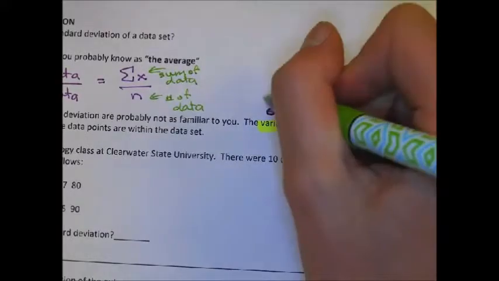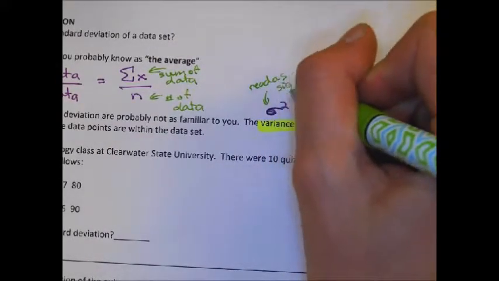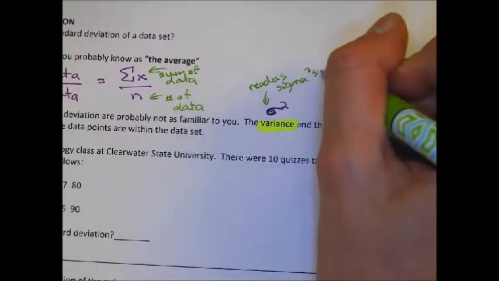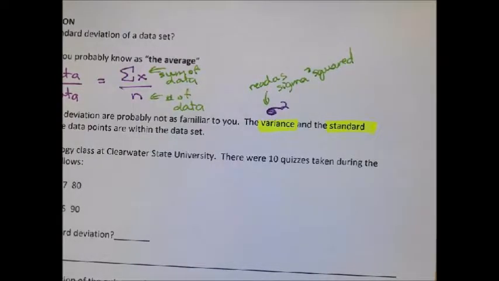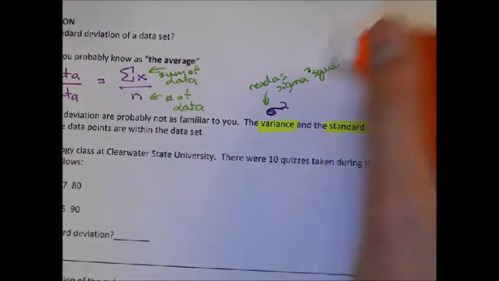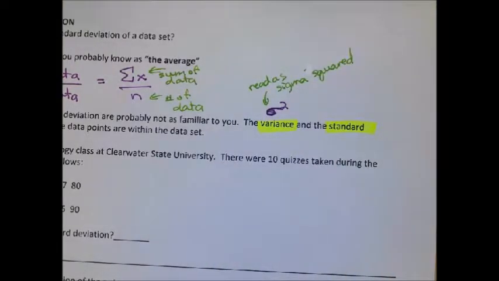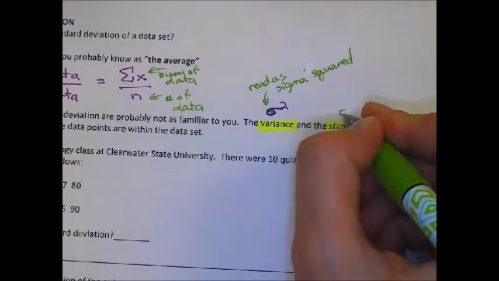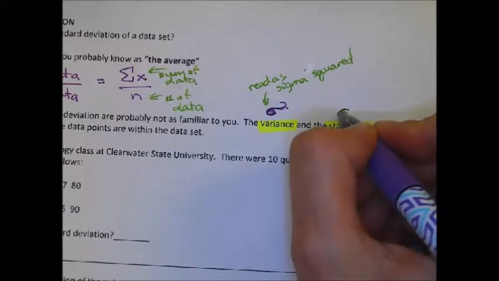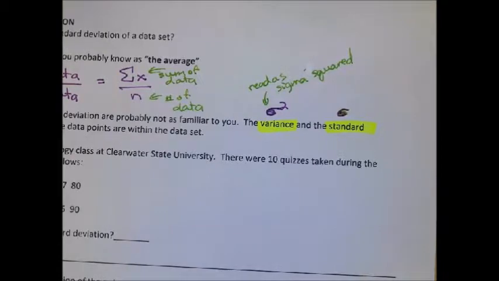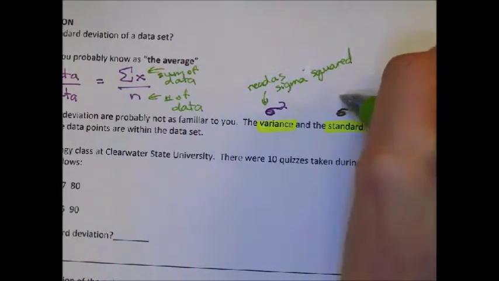We read this as sigma squared. And then the standard deviation is sigma. So variance is sigma squared, standard deviation is sigma.